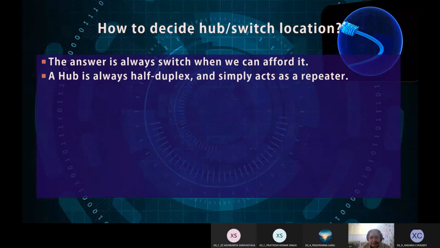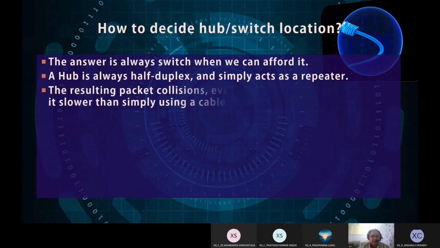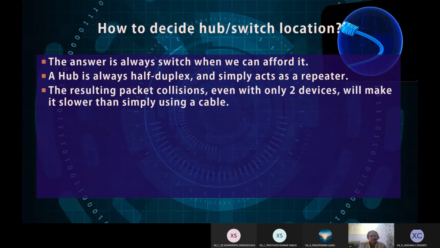A hub is always half duplex, as I had explained to you, and simply acts as a repeater. Half duplex, I had already explained: there are three types of data transmission. One is simplex, where there is only one way transmission of data. The source sends the data, the receiver receives the data. That's it. Half duplex, both source and destination can send data, but one at a time.